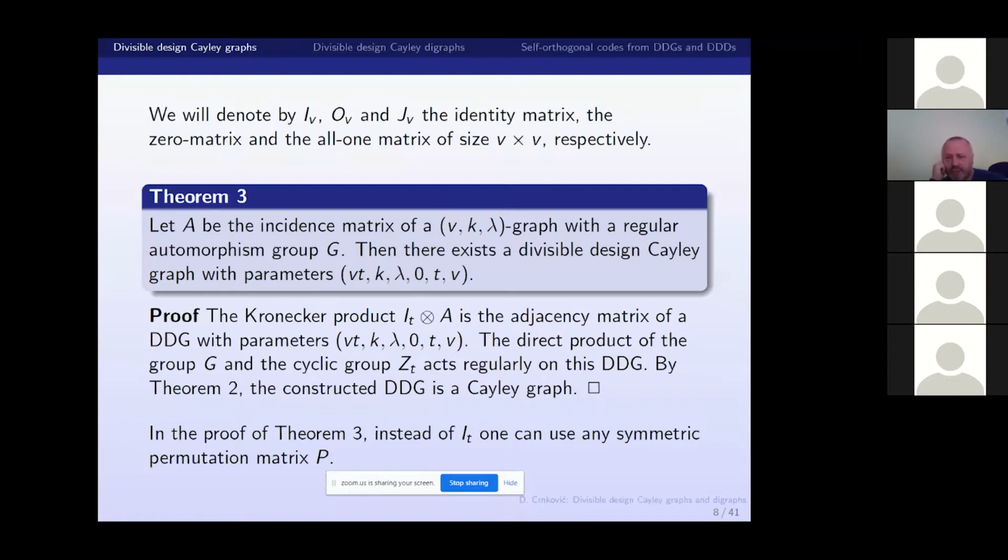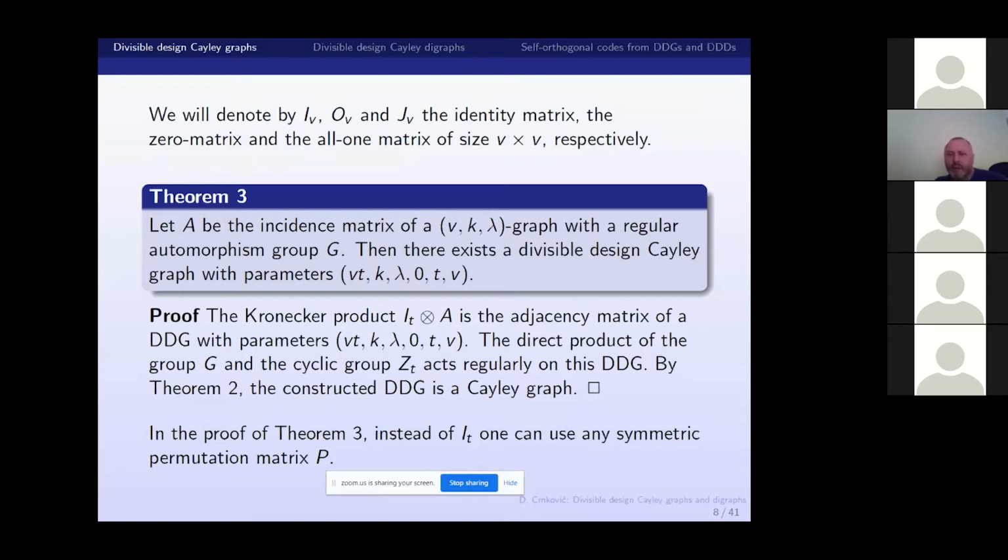And it is easy to see that this is the adjacency matrix of a DDG with parameters (v times t, k, lambda, 0, t, v). So this is a DDG. Now we have to conclude that this is a Cayley DDG, a Cayley graph.